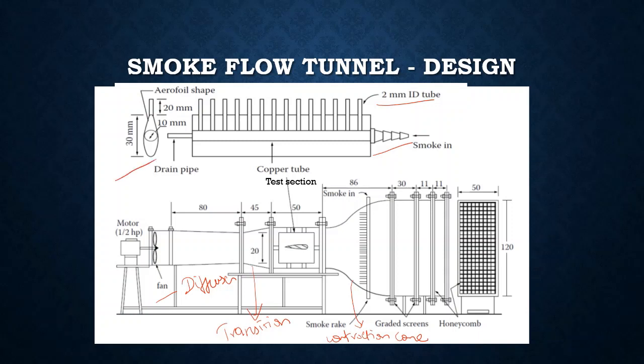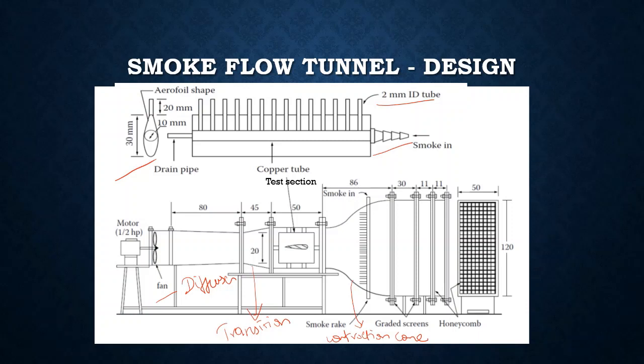You are just placing this particular smoke rack into this smoke flow tunnel, and you are getting the results of flow separation point, reattachment point, and detachment point with respect to different models.